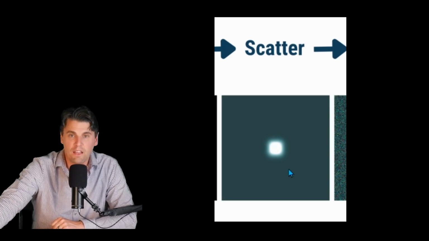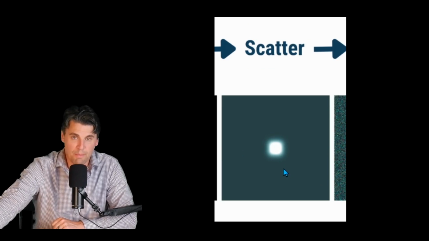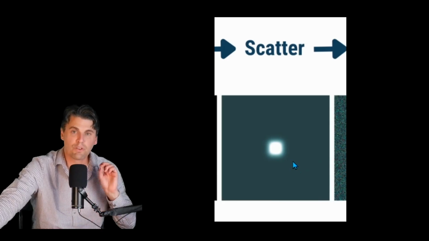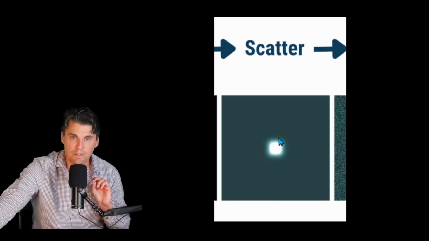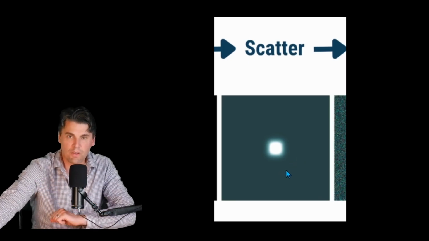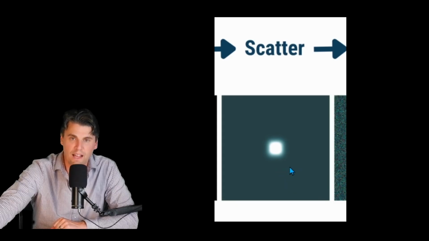Then you can think about scatter in your X-ray image. What scatter contributes is a background haze in the image, and this reduces the contrast between this bright area and the background because we've raised up the signal in the background, hence reducing the contrast.